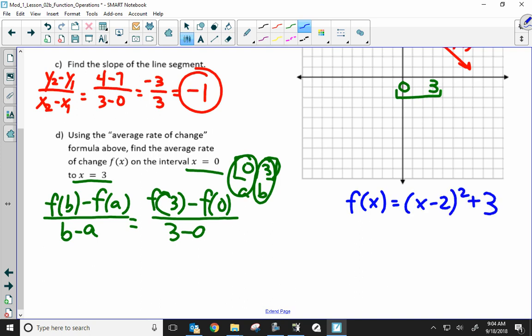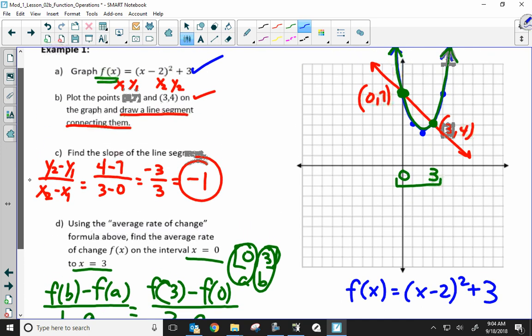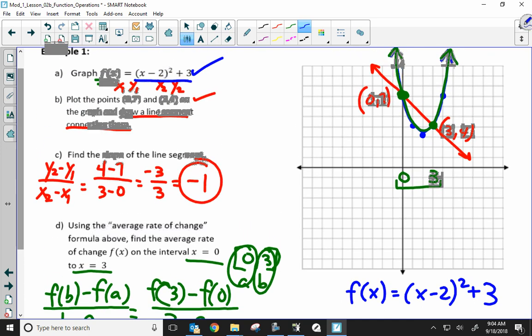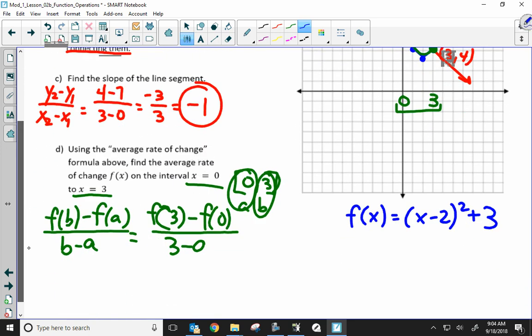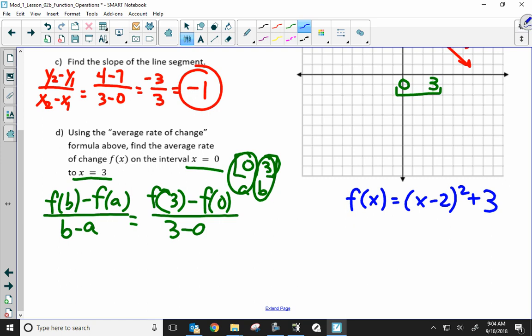So before we do any work, let's just verify. (x minus 2) squared plus 3. All right? So what we're going to do is let's figure out what f of 3 is. f of 3 is 3 minus 2 squared plus 3. Well, 3 minus 2 is 1. 1 squared is 1. Plus 3, that would be 4.